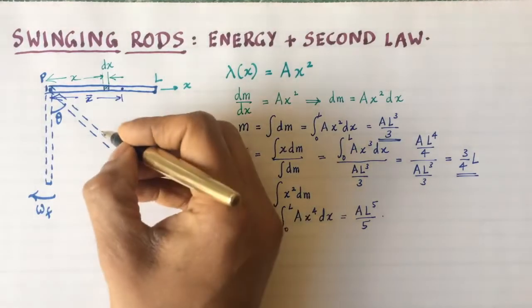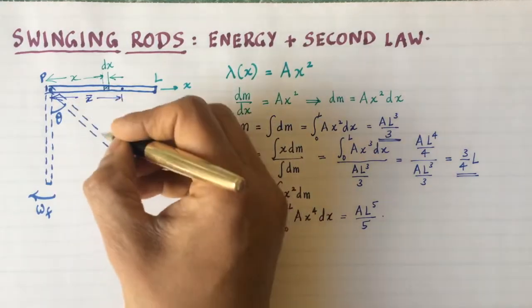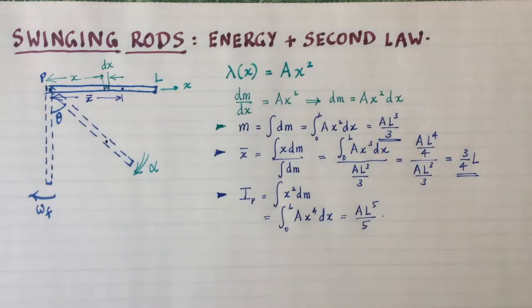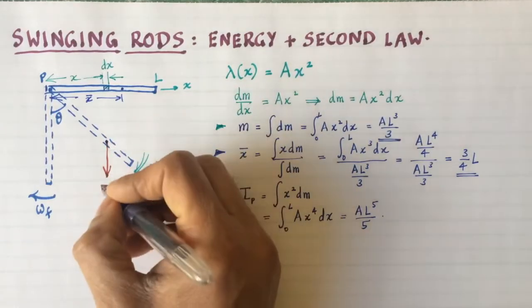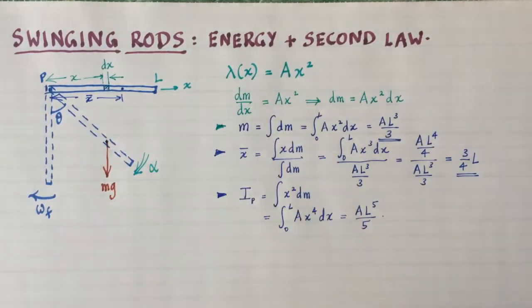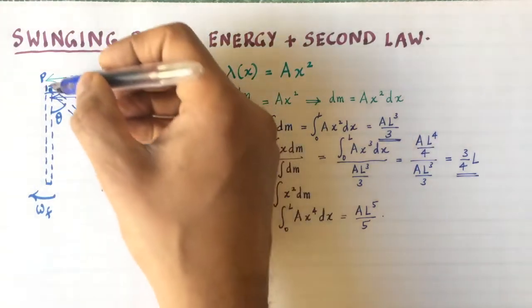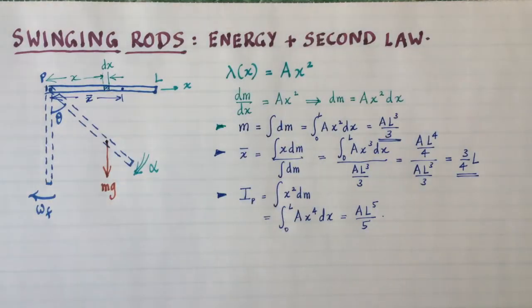Now let's look at the rod at any given angle position. We're going to have the free body diagram. There's going to be just one force, which is the force of gravity, the total mass of the rod times the acceleration due to gravity, and that will be acting a distance x bar away from the pivot. So we can find the torque and write Newton's second law.